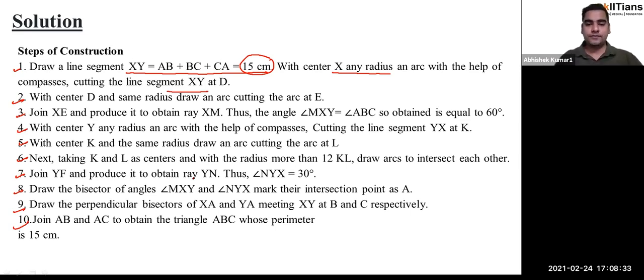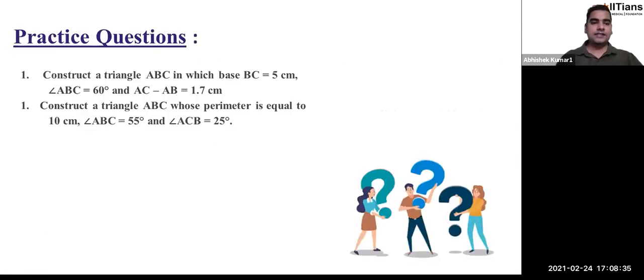So after this, you have to practice these two questions, guys. These two questions are based on the topic that we discussed just now. In the first problem, you have to construct a triangle ABC in which the base, one base angle, and the difference of the other two sides are provided. This problem is based on our case one.